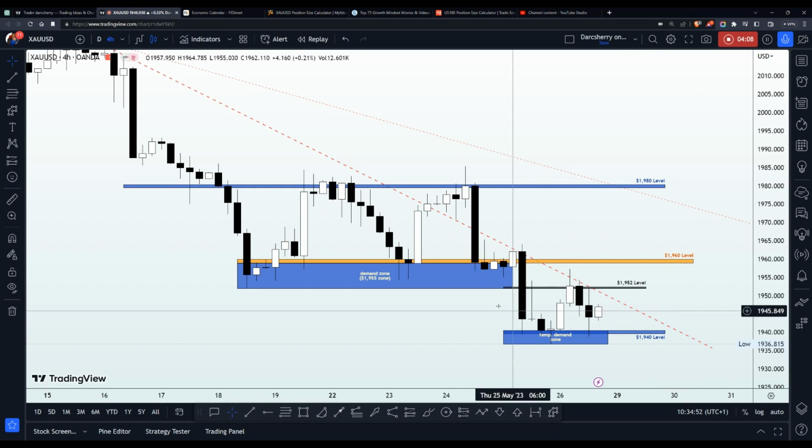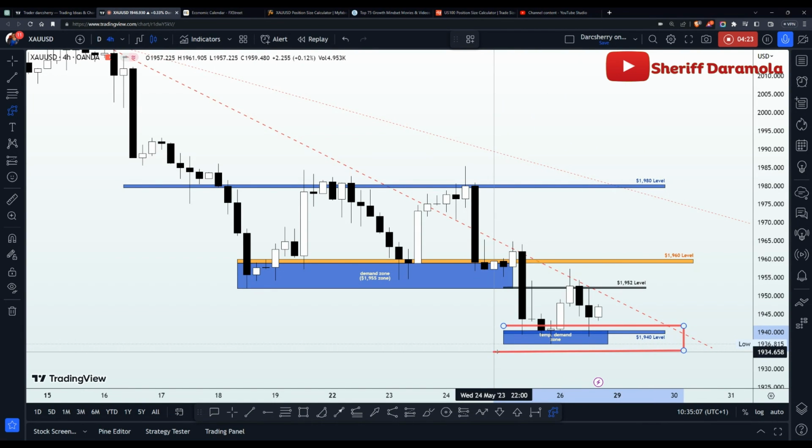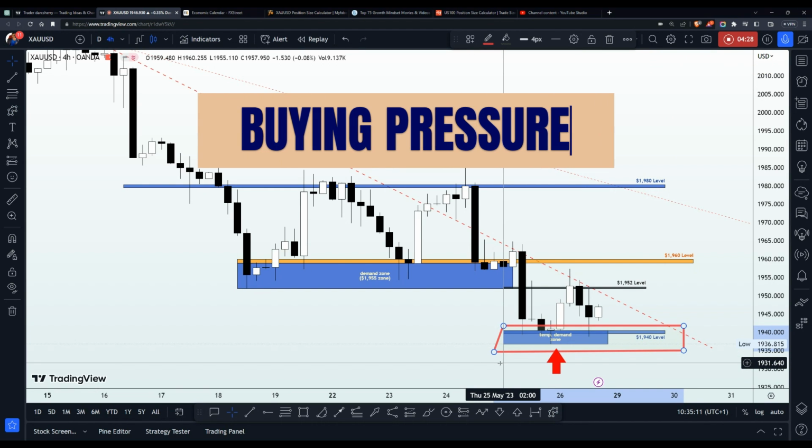So I have the situation here, though price action has been bearish. And one thing I observed during the second half of last week was that as soon as price action got into that psychological level at the 1940 level, we began to see some buy pressure resume around that area.